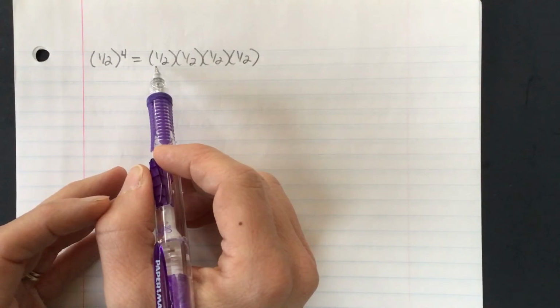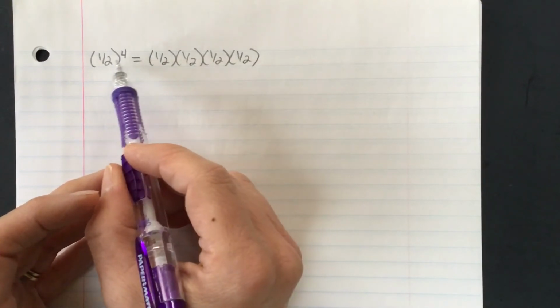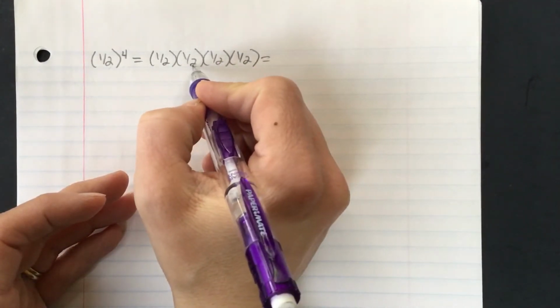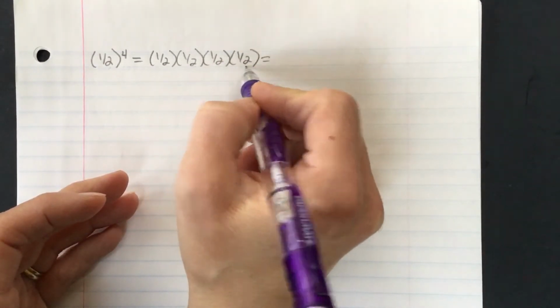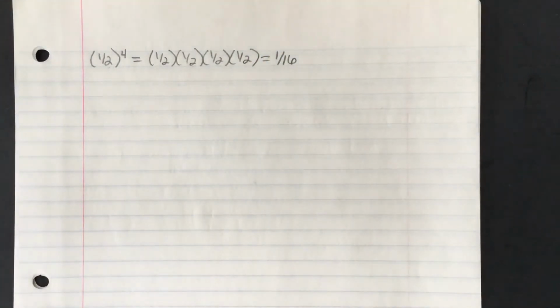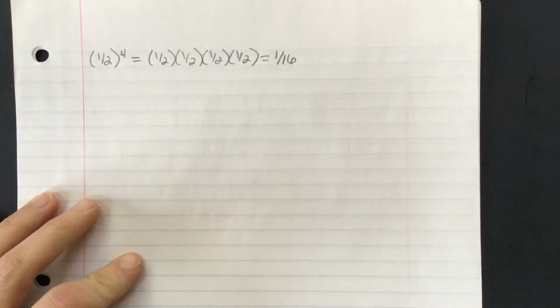So remember, when we do this, we don't just multiply 4 times 2 is 8. It's 2 times 2 is 4. 4 times 2 is 8. 8 times 2 is 16. So 1/16 of the sample is left after 4 half-lives.